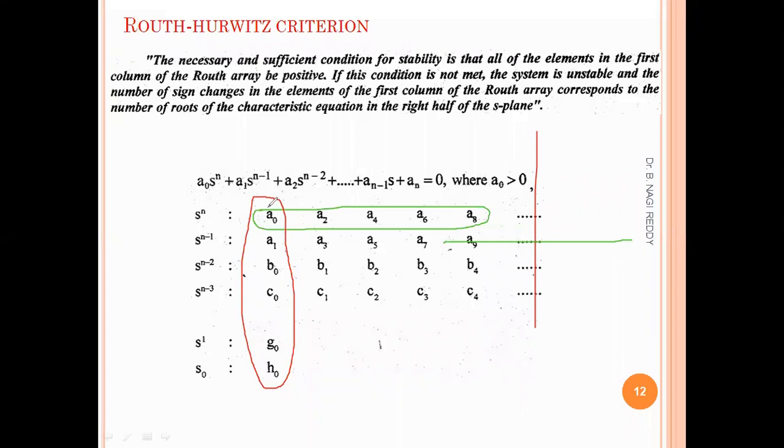When I speak about a row, in your mind you have to think about this line, or this line, or this line. When I tell about a column, then you have to think about this one, or this one, or this one. So columns are vertical lines, rows are horizontal lines.